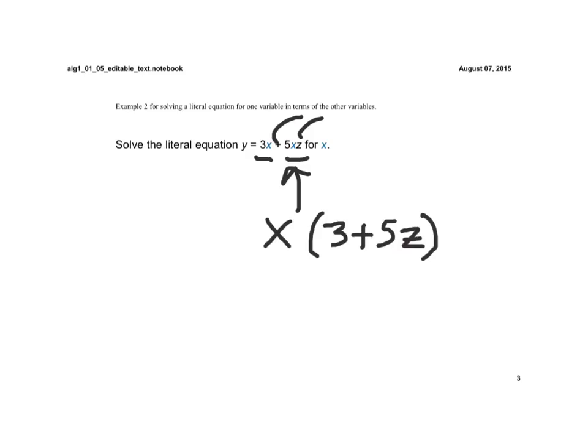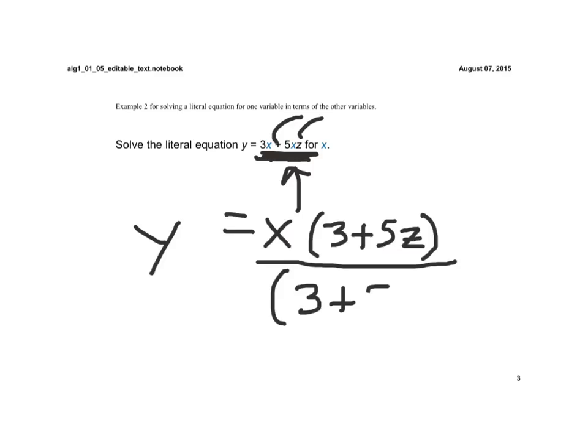And again, if we were to distribute the x back through, we would get exactly what we had to begin with. So we call this undistributing. And now we have y equals x times 3 plus 5z. And since we now want to solve for x, the factor that's being multiplied by x is what we're going to divide both sides by.